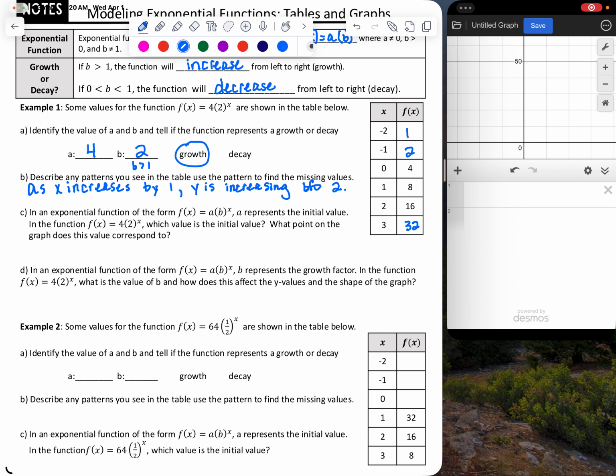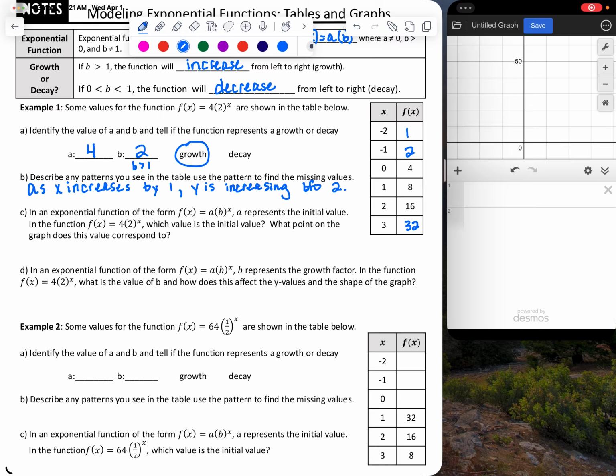All right. Problem C. In an exponential function of the form f of x equals a times b to the x power, a represents the initial value. In the function f of x equals 4 times 2 to the x power, which value is the initial value, and what point on the graph does this value correspond to?